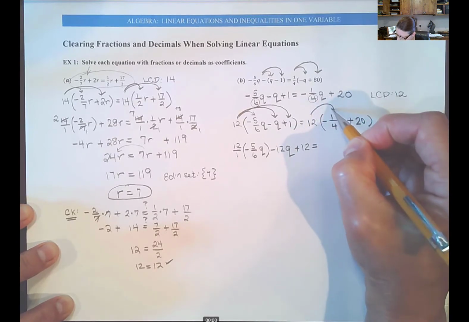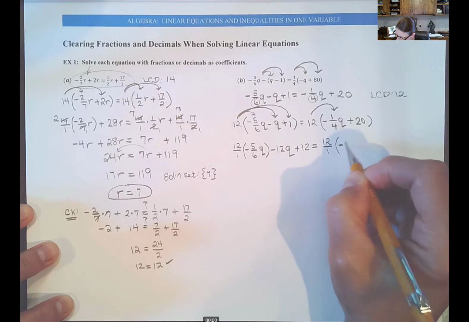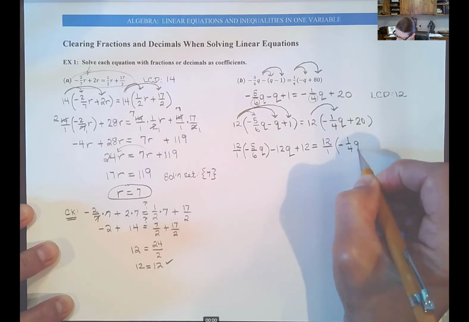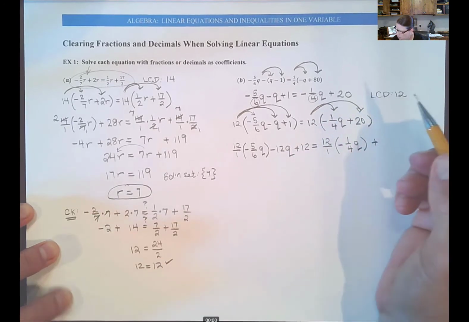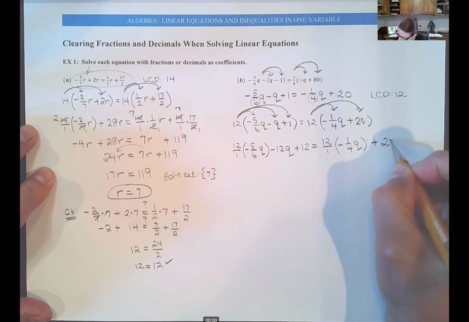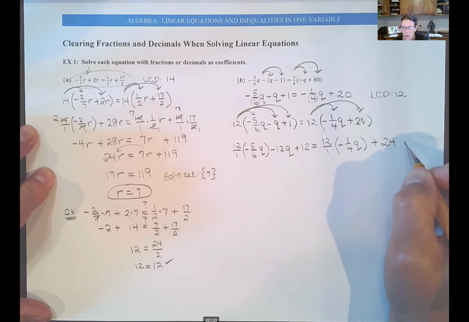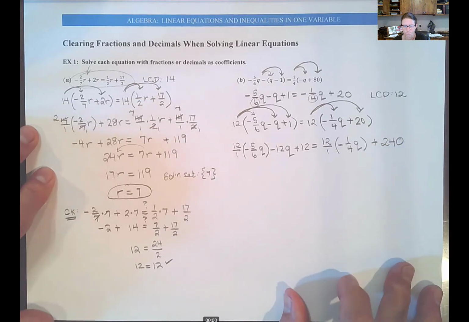Distribute on the right. I'm going to write this as 12 over 1 times negative 1/4 q. And 12 times 20. Let's see, 12 times 2 is 24. So 12 times 20 must be 240 as we tack on a 0.